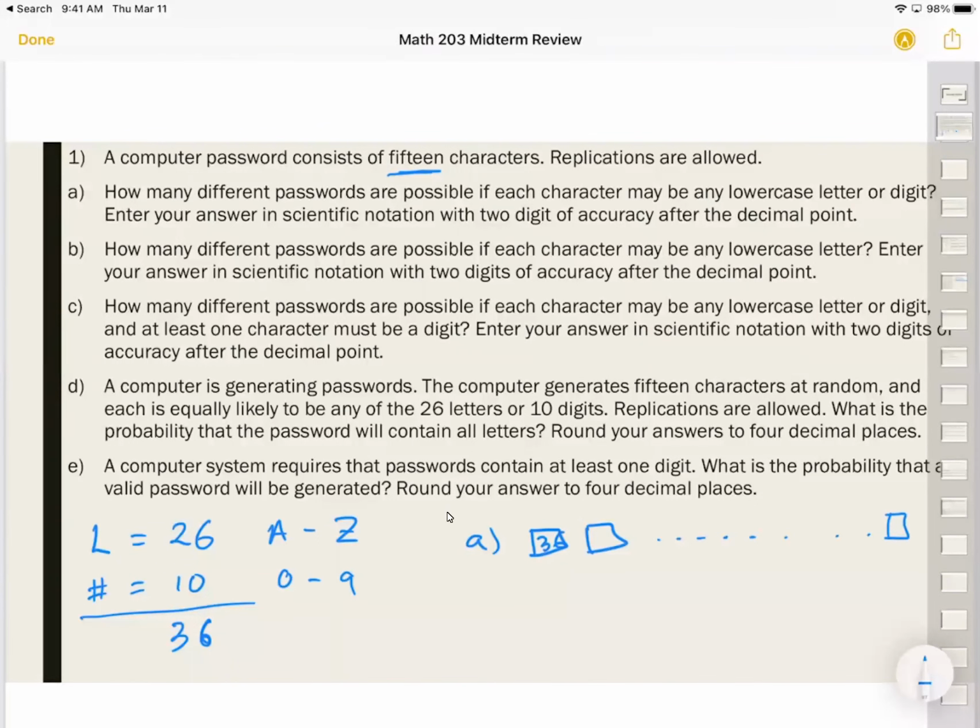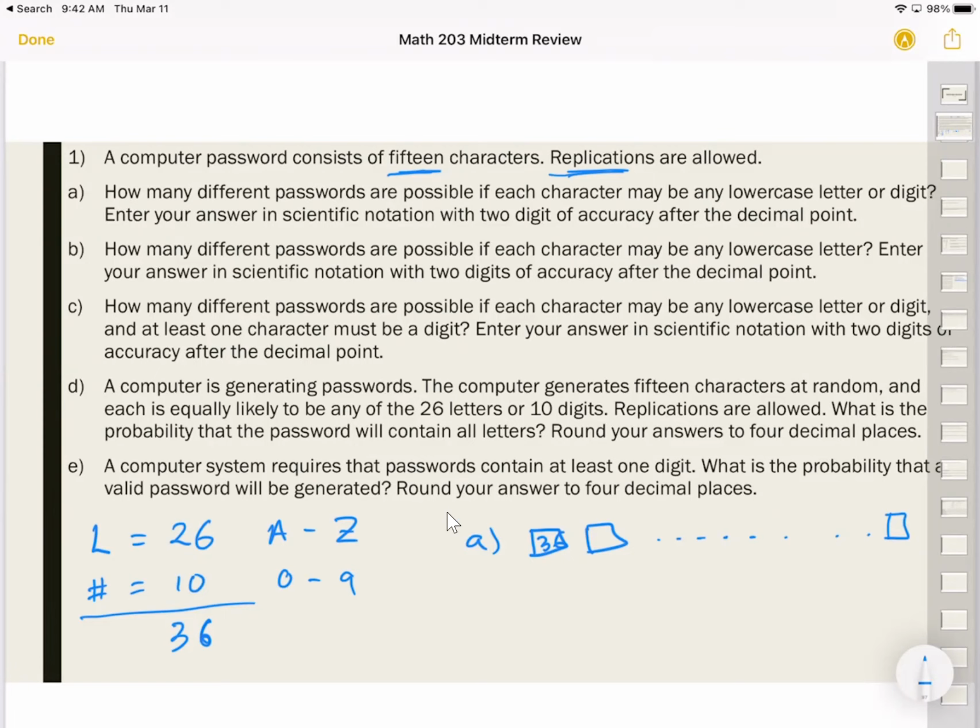You can choose either the letter A or the number 7. You can choose any letter and any number for that particular slot. Because they say repetition is allowed, meaning we can choose A 15 times, which is not very secure, but it is possible.